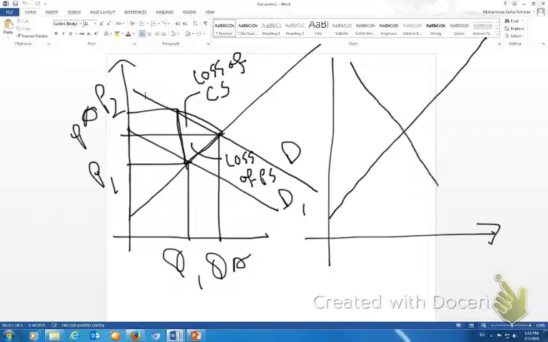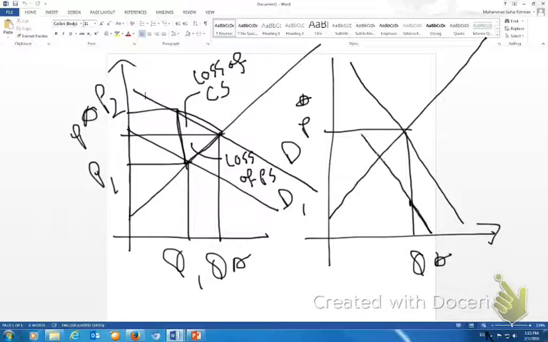Okay, I'm gonna make it more inelastic like that. So now, labeling it the same way, P star, Q star, and then a vertical shift of the same amount, almost like this one. So this is D, this is D1.